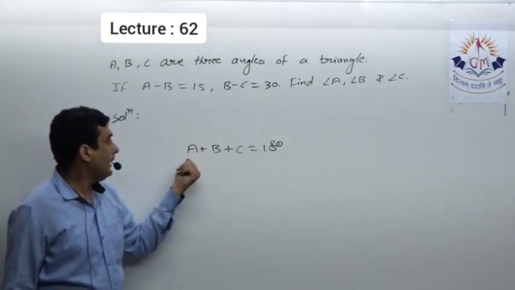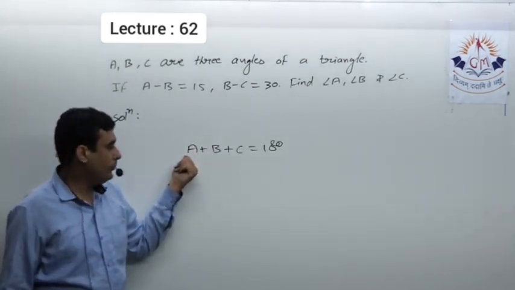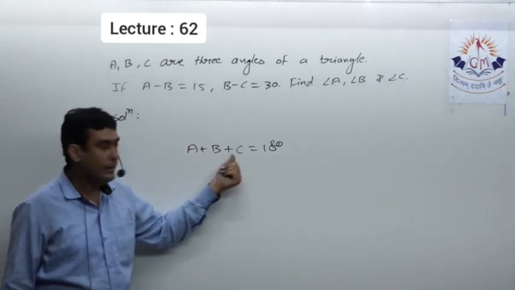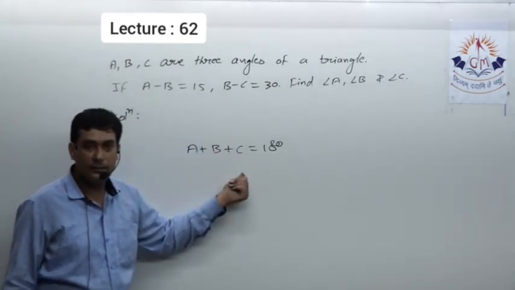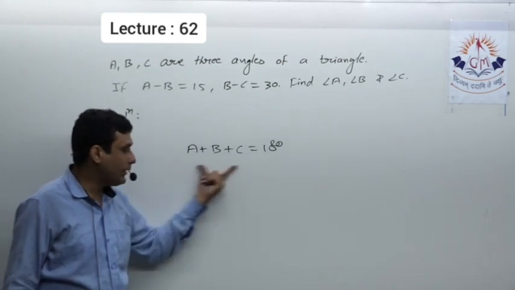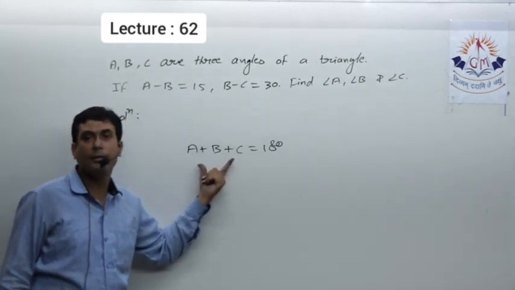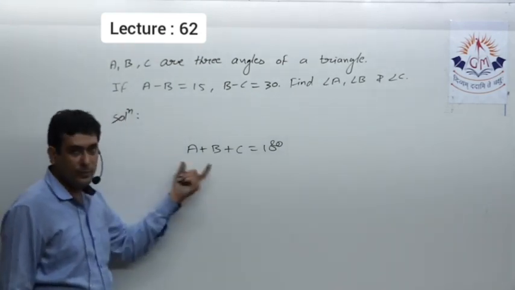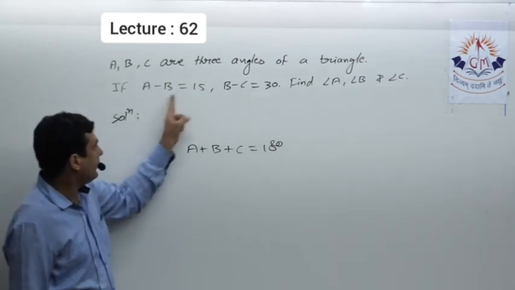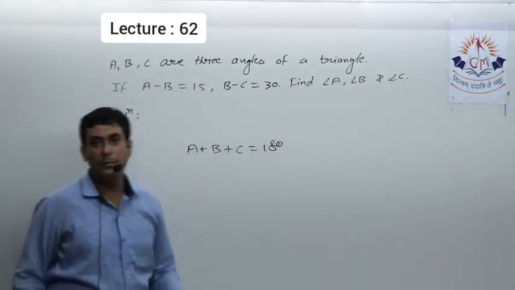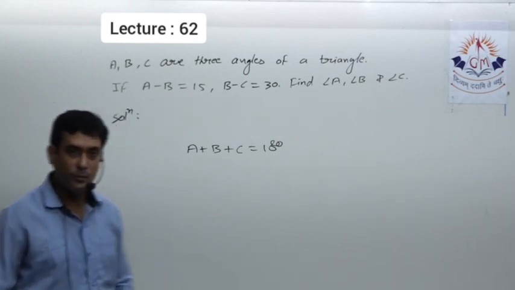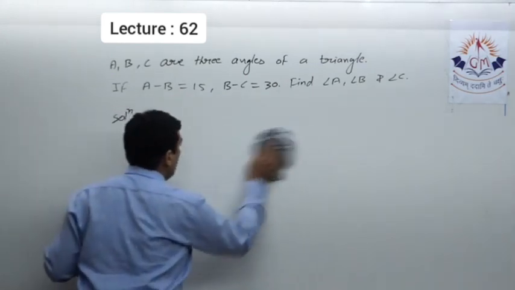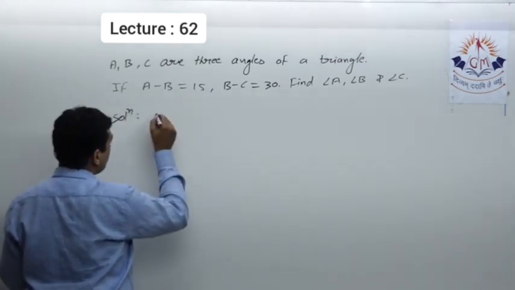So A can be replaced in terms of B, B I will take as it is, and C again I can write in terms of B. So this complete equation will be in a single variable, that is B. From that I will be able to get B, and by putting the value of B in these two I will be able to get the values of the remaining two angles. So let us see how to write it.